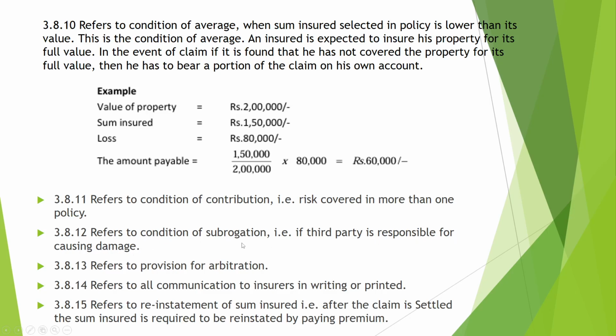I have also discussed the subrogation principle. 3.8.13 refers to the provision for arbitration. 3.8.14 refers to all communication to insurers in writing or printed. So you have to follow all formal communication according to this clause.